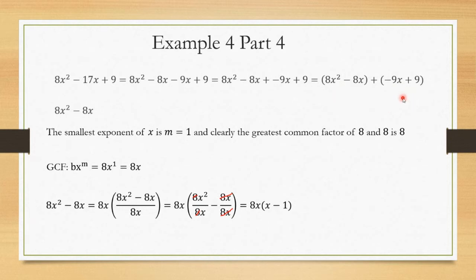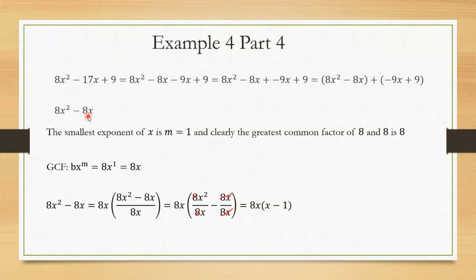Now that we've done that, we have to do more GCF work. So for the first group down here, hopefully it's not too hard to see what it is. The smallest exponent of x is 1.